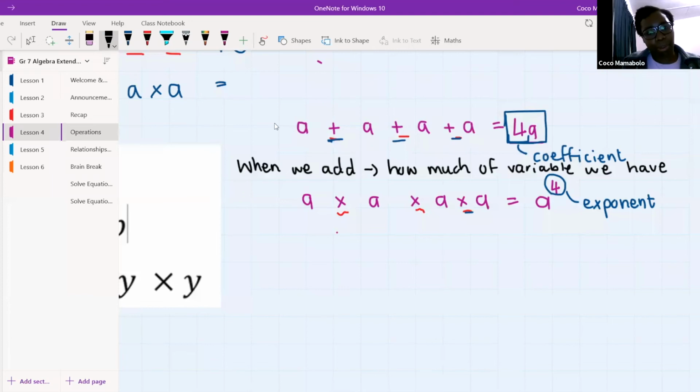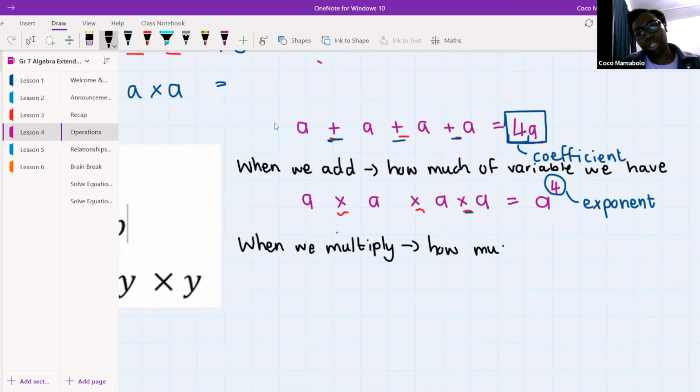But when we multiply, we want to see how much of the exponent we have.